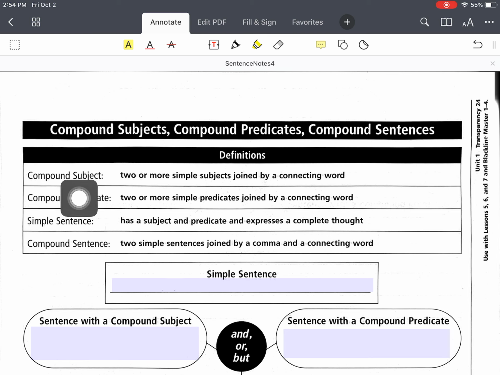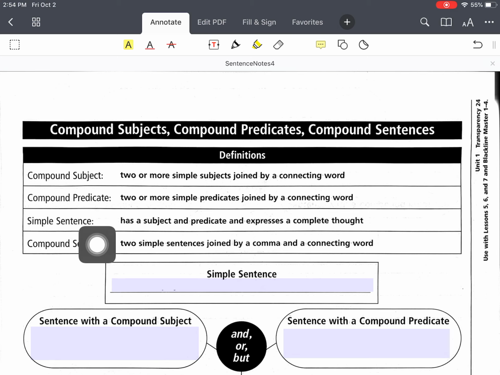So you'll have 2 subjects and 1 verb. So 2 things that did 1 verb. Now for compound predicate, that means that you have 2 or more simple predicates joined by a connecting word. So that is going to be 1 subject that did multiple things.